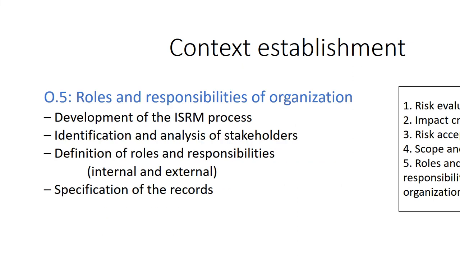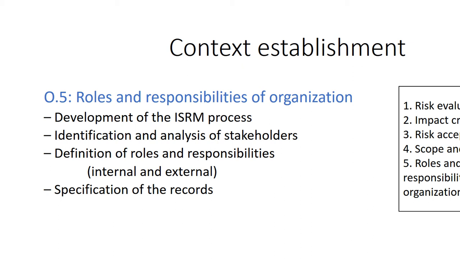Now when we carry out an information security risk management activity in the organization, we have to develop the information security risk management process. This means we have to identify and analyze the stakeholders who are going to be involved in this process throughout the whole activity.